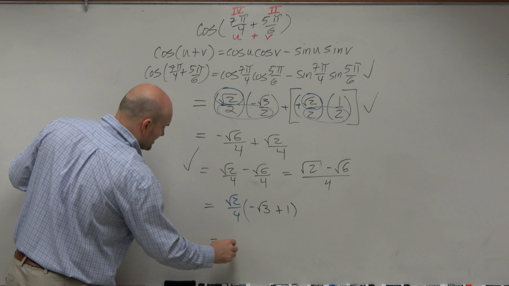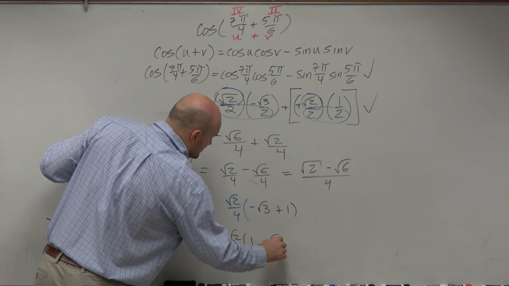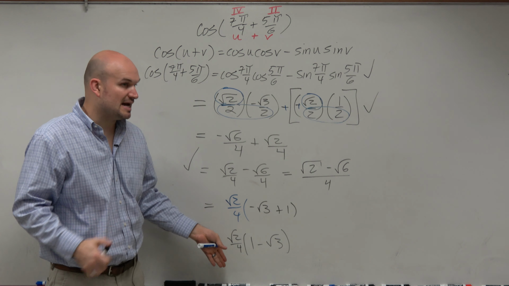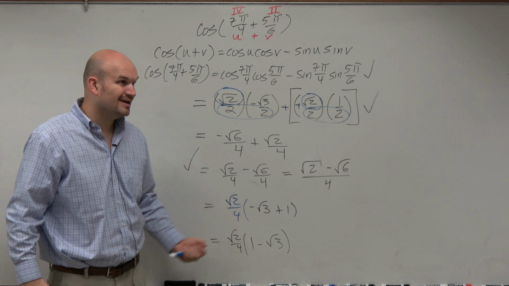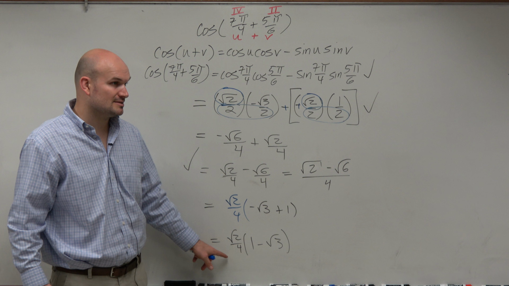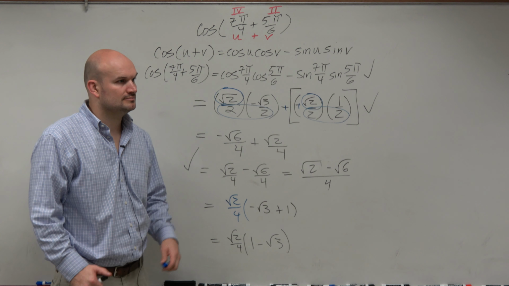Or, to rewrite that another way, square root of 2 over 4 times 1 minus the square root of 3. So you don't need to go to this step for me on the free response. However, when you guys are doing a multiple choice, you're more likely going to see it like this. Factored, simplified out. That's simplified fully.